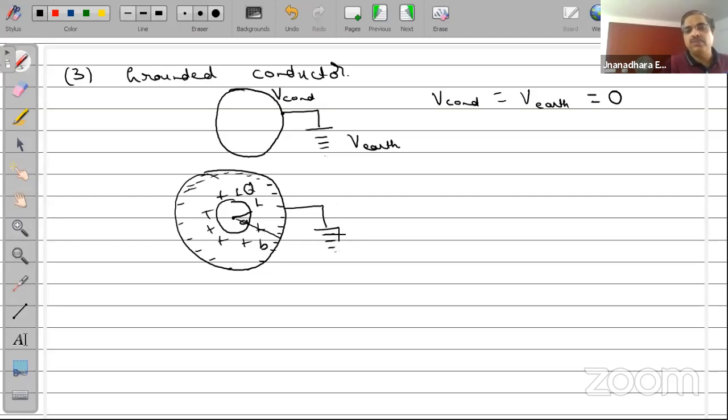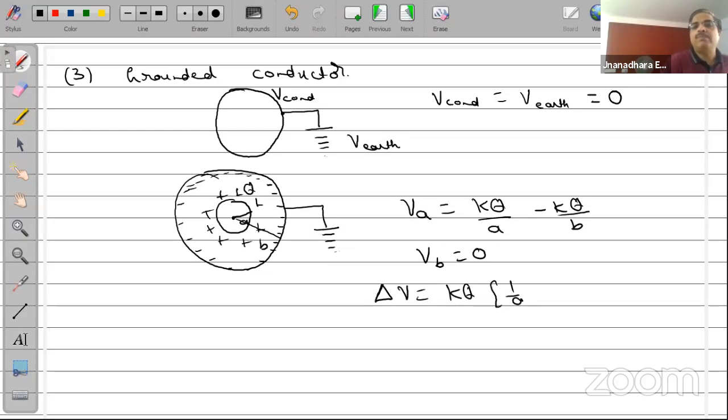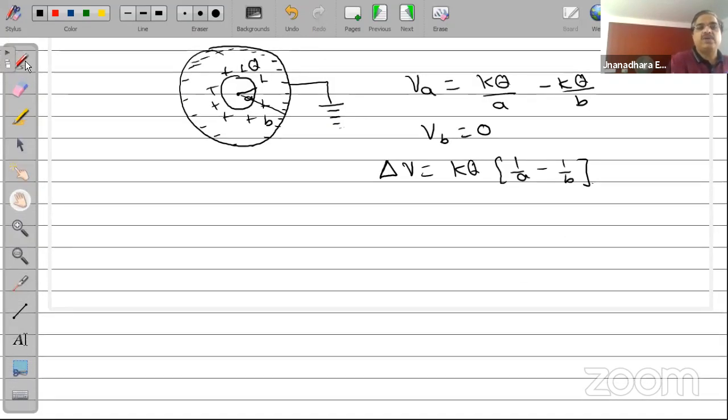In this case, what will be the potential of A? It can be shown that the potential at A is QK by A minus KQ by B. That of B will be 0 because it's connected to the ground, isn't it? And therefore, VB will be 0. So the potential difference is KQ into 1 by A minus 1 by B. This is for a conductor which is grounded in this way.